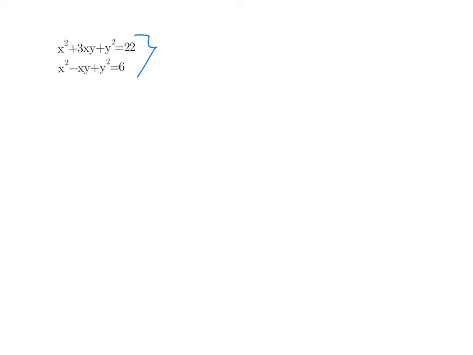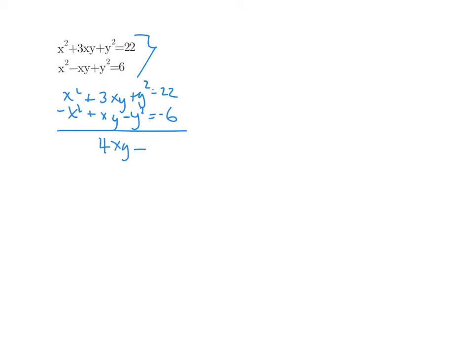If we multiply the second equation by -1, we would have x squared plus 3xy plus y squared equals 22, and then -x squared plus xy minus y squared equals -6. When we add the two equations together, our x squared terms and our y squared terms are going to cancel out. And we're left with 4xy equals 16, or xy equals 4.